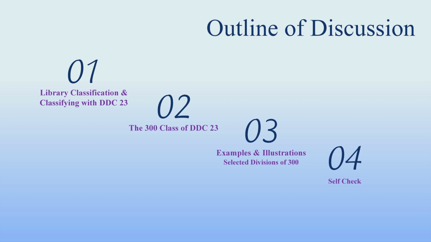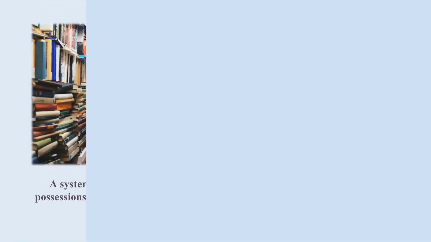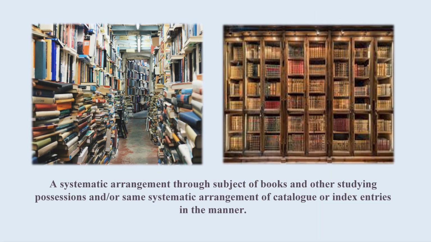So let's start. Classification helps us to arrange like things together on the basis of some common characteristic. In library classification, we try to classify the documents on the basis of their subject, so that we can have the right book at the right place, and the user can access the required document with the least possible effort.